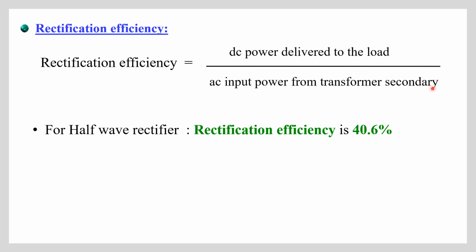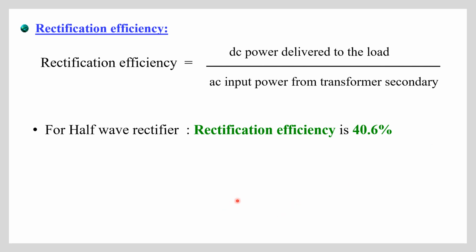And for this half wave rectifier the efficiency is equal to 40.6%. It means that from the given input power only 40.6% power is getting converted into the DC power. And as you can see, for this half wave rectifier the efficiency is less than 50%.